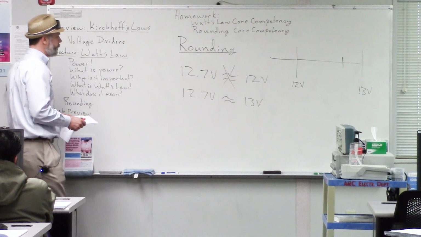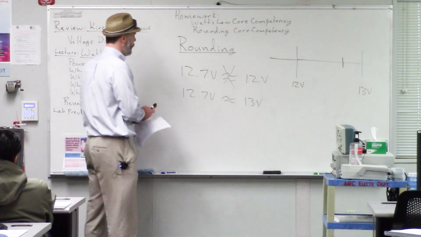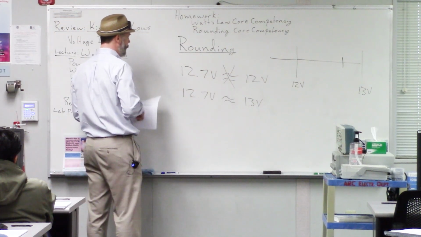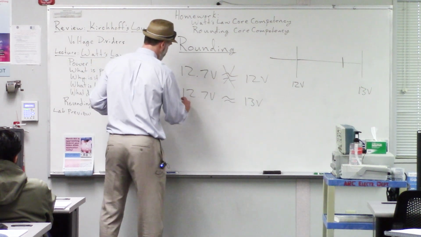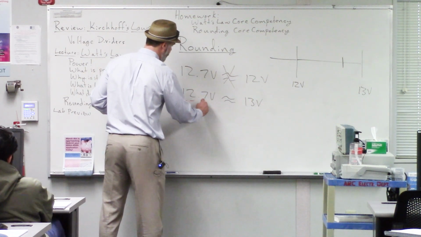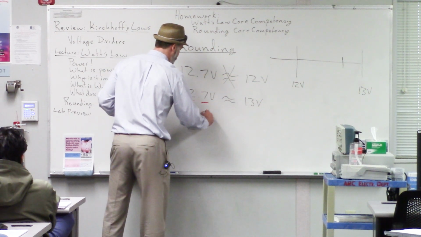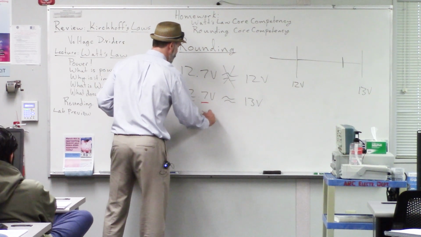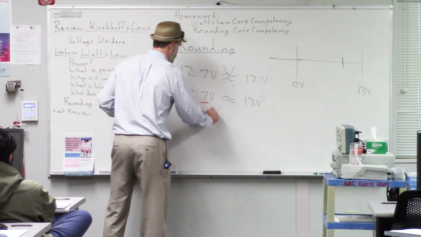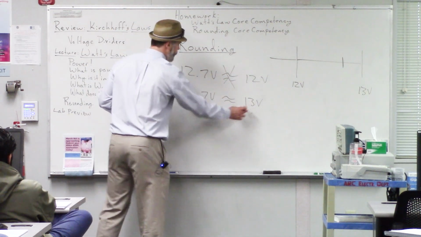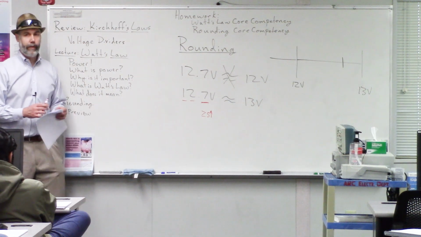So in this example, we want to keep 2 digits. So we would look at the third one. That's greater than or equal to 5. And so this number rounds up. So it goes from 12.7 to 13, okay?